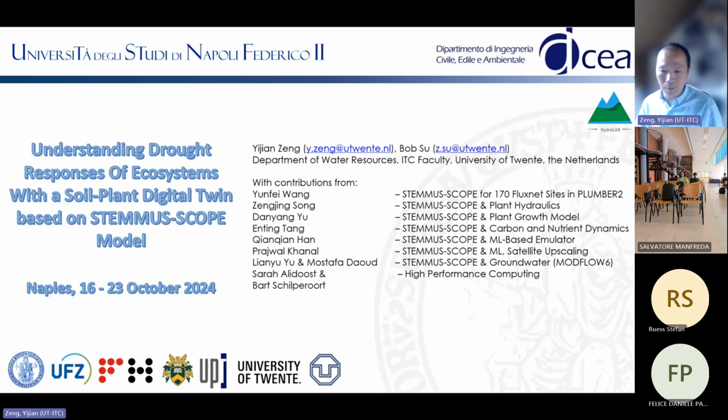At the same time, we are considering carbon and nutrient dynamics. All these four parts are process-based studies. When you run this process-based model, it is quite heavy, so we also use a machine learning-based approach to build an emulator of this process-based model.